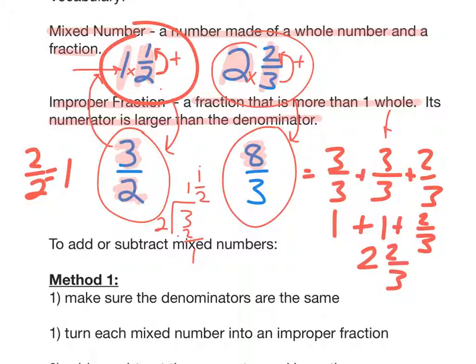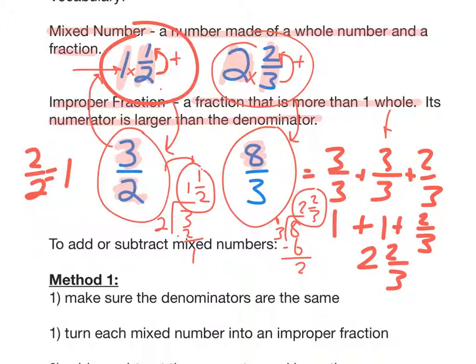So that's how you turn 3/2 back into a mixed number. 8/3, same thing. We would do 8 divided by 3. 3 goes into 8 twice. That is 6. Subtract, and your remainder goes over what you divided by. 2/3. Don't worry about it if you're having a little bit of trouble with changing these back and forth. We're going to practice that more.